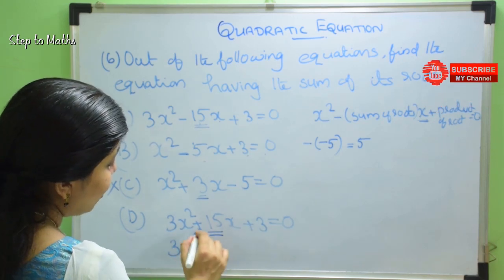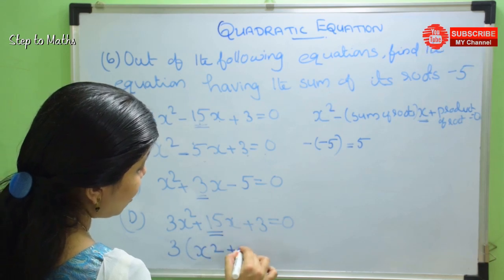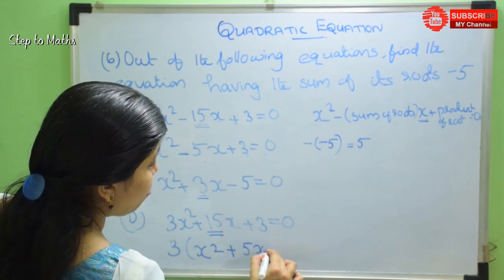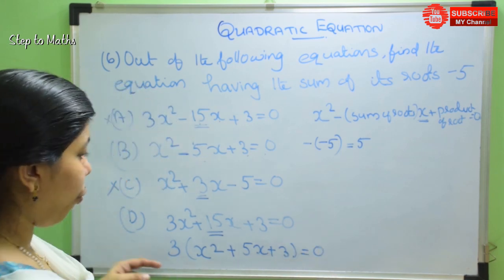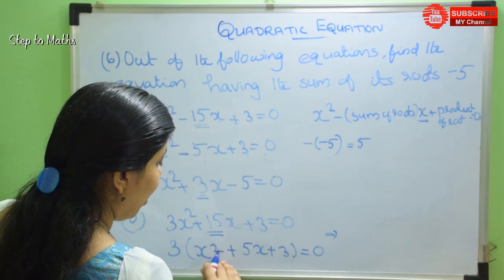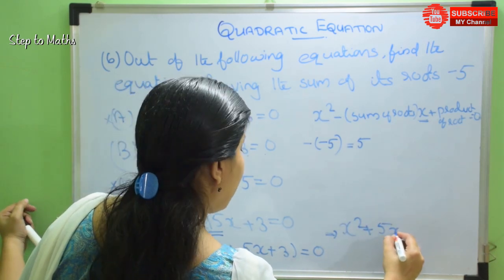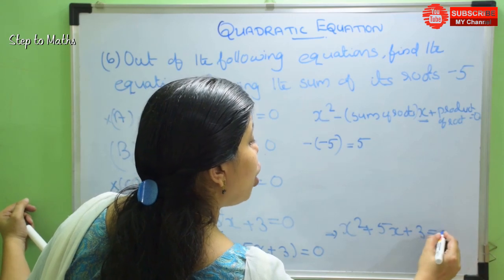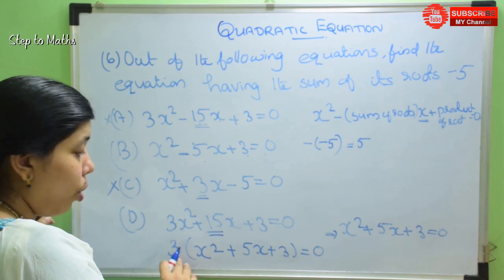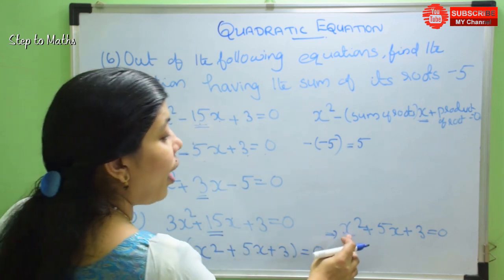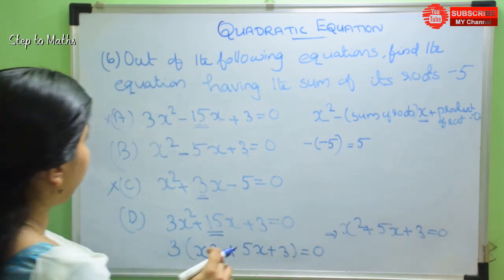If we divide this equation on both sides by 3, we can write it as x square plus 5x plus 1 is equal to 0.